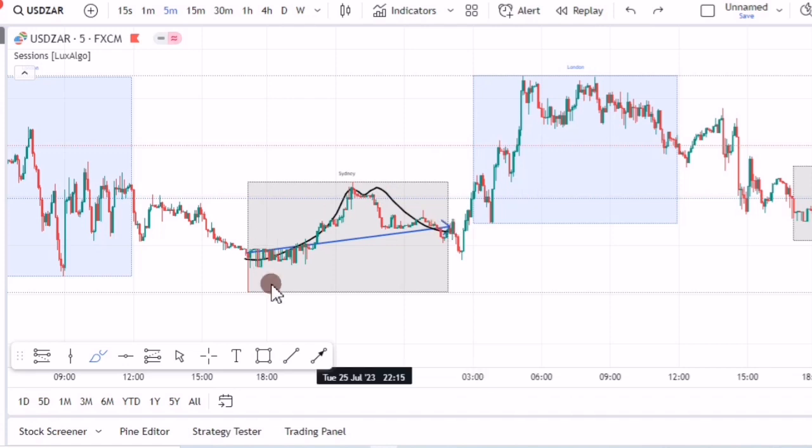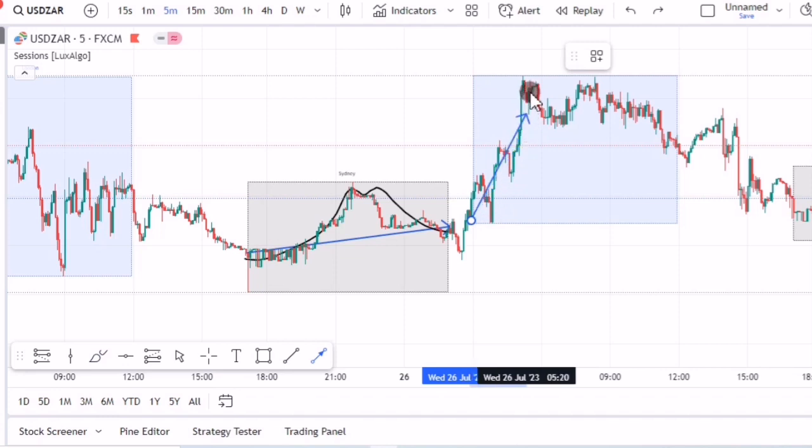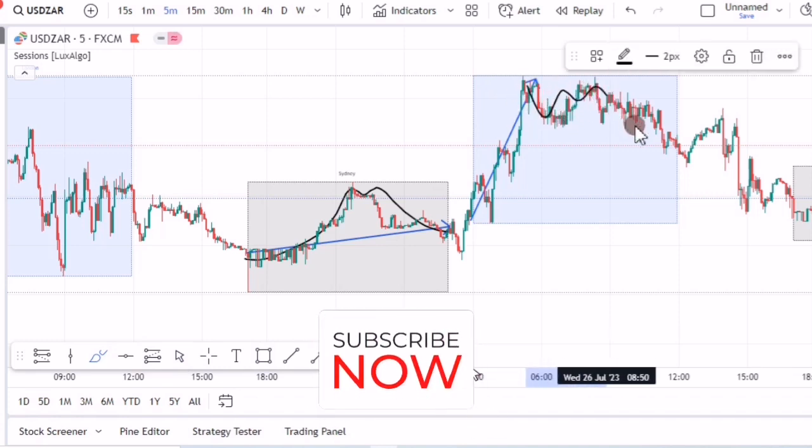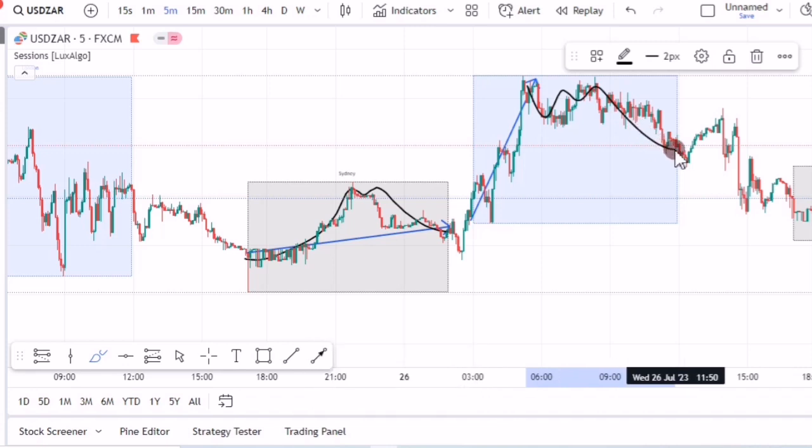So that is what you see happening on London. You see price starting by moving upwards, and then ranging up there, and then for the last part you see price dropping. But overall, for the most part, price has been on an uptrend. That's it. That's the secret.